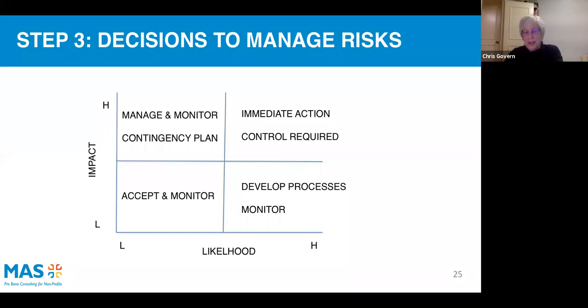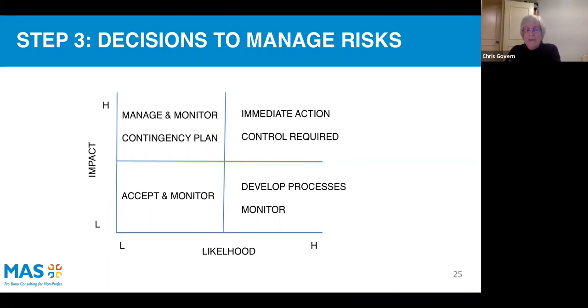On the horizontal axis, I have likelihood from low to high. So risk mitigation is often about either lowering the likelihood something is going to happen or lowering the impact if it does happen.